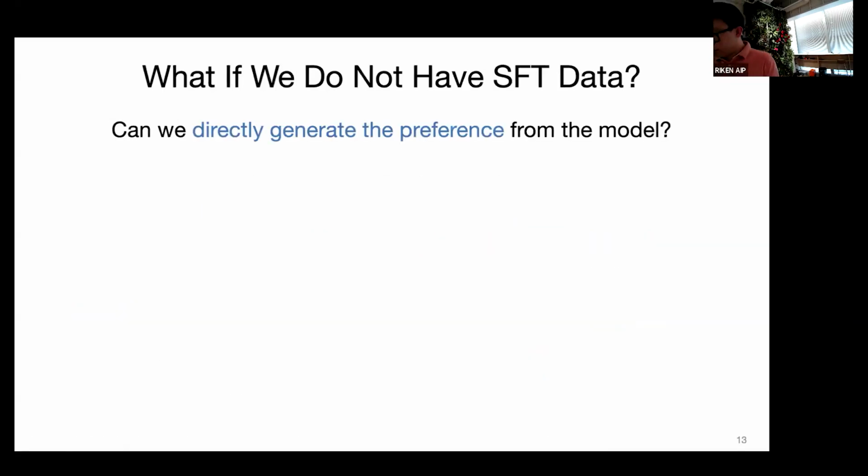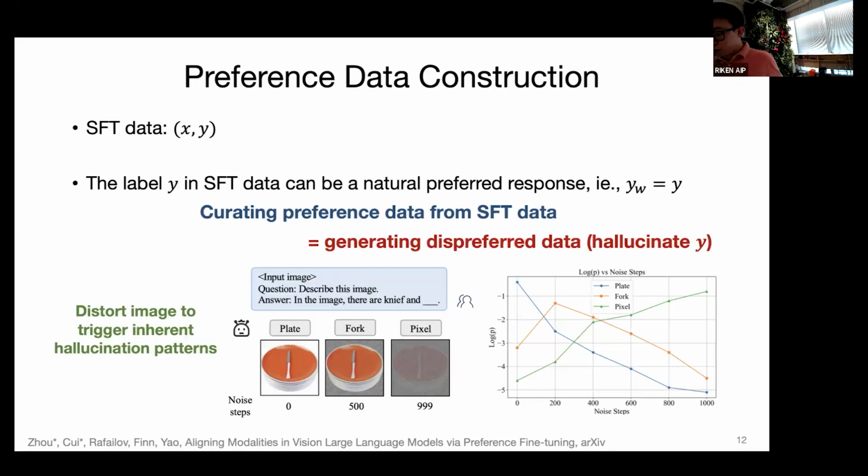I have a question here. The traditional pipeline of fine-tuning is first supervised fine-tuning and then alignment. So in your pipeline, you still have the first stage of supervised fine-tuning, and you reuse the supervised data to enhance the preference data set and do the RLHF in the second step.